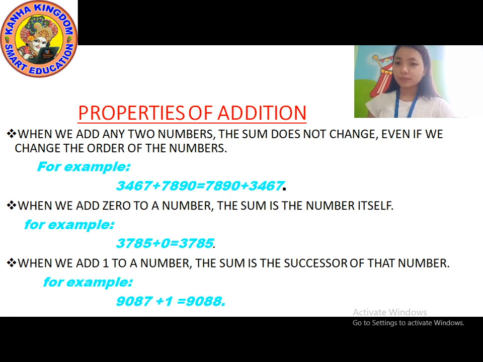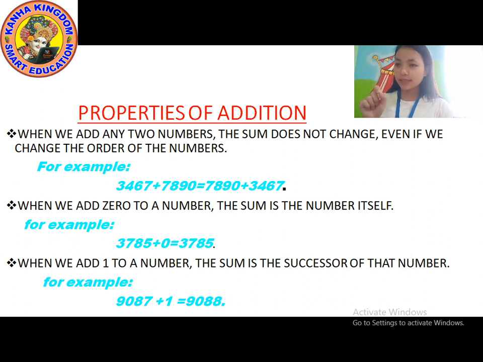Order means if you write the second number first and the first number second. For example, if you add 1 and 2, first you write 1 plus 2, you get 3, right?